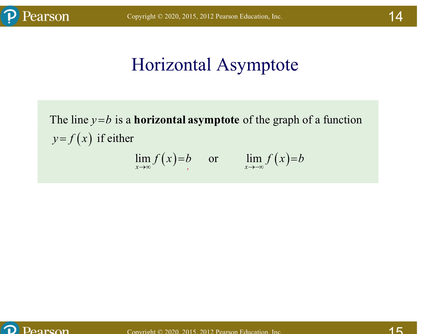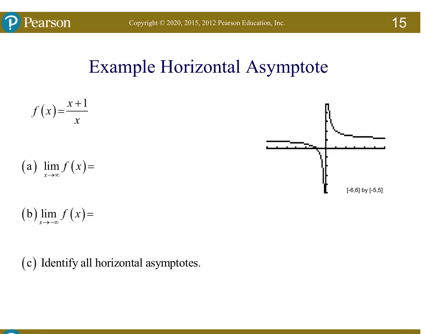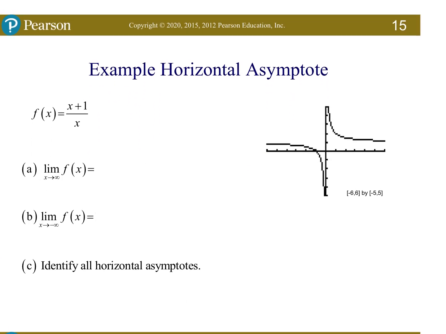So B has to be a constant for both of them. If you get a constant when you've plugged infinity in, that produces a constant. So it's different. If you plug in a constant and it produces infinity, that's a vertical asymptote. If you plug in infinity and it produces a constant, that is a horizontal asymptote. That is the definition. So we'll talk here about horizontal asymptotes.